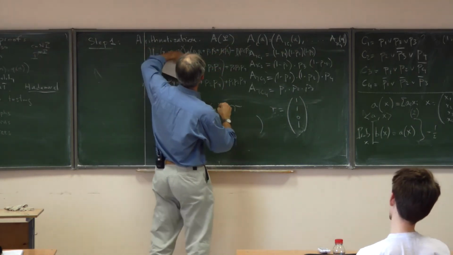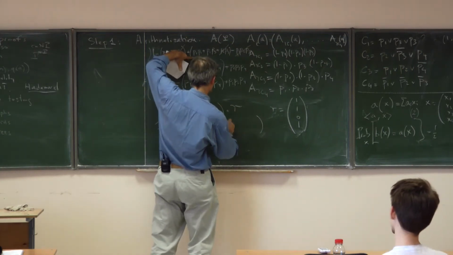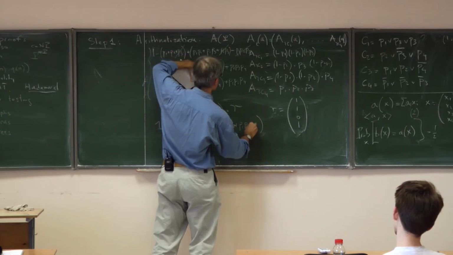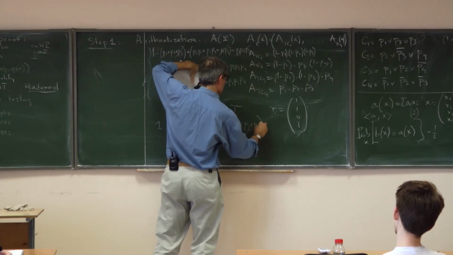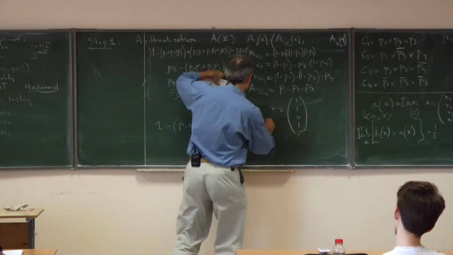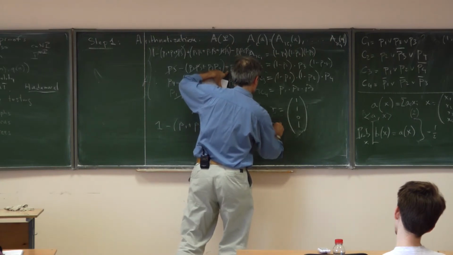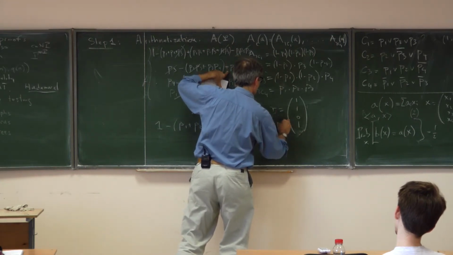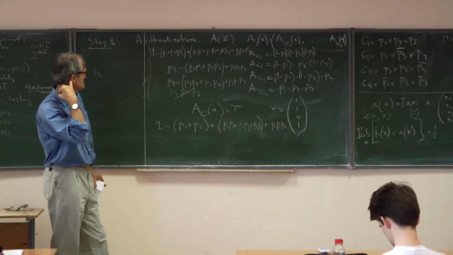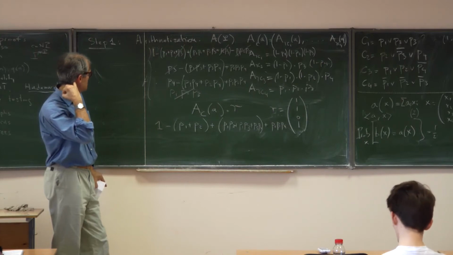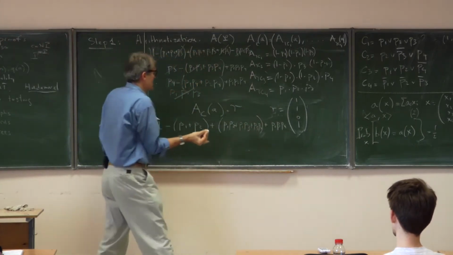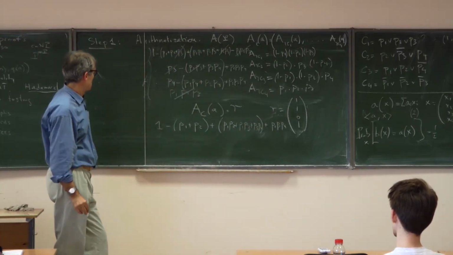So I get P1, P2 plus P1, P3 plus P3, P4. Hope I don't make a mistake. And then I end up with the last term P2, P3, P4. And then I have to evaluate this on A to get the result, right?